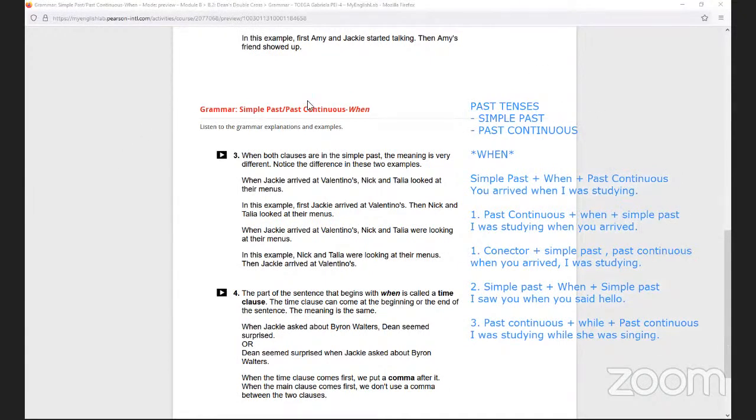I will assign you unit 2. Okay, so it is assigned now. Let's start with the first one.